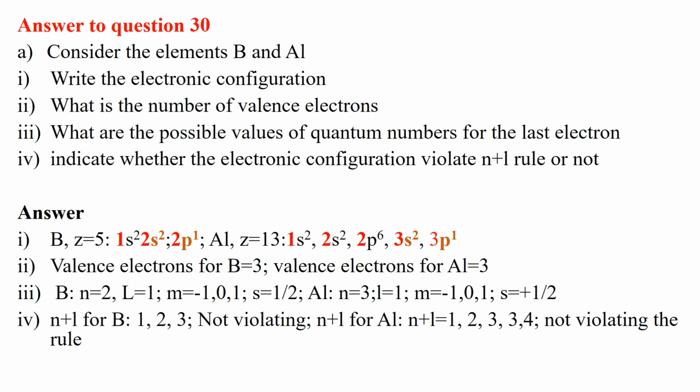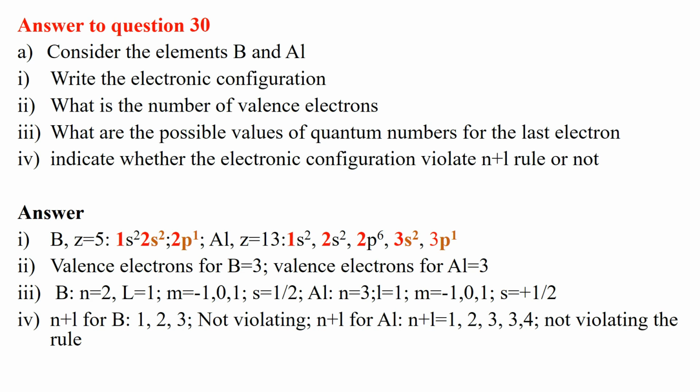Then for 2p, n is 2 and because we have p, l is equal to 1, so 2 plus 1 is equal to 3. The order 1, 2, 3 is respected, because 1s is filled first, followed by 2s, followed by 2p. So the electronic configuration of boron is not violating the n plus l rule.